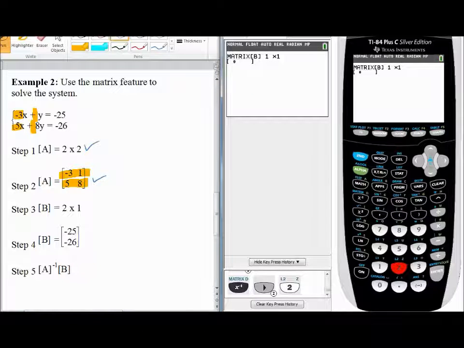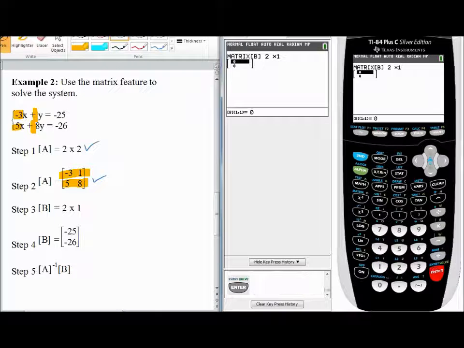This time we're going to open it up to a 2, enter, 1, enter. This time I need to be able to put 2 numbers in. Okay? So matrix B should be a 2 by 1. So once I do that, step 3 is taken care of.